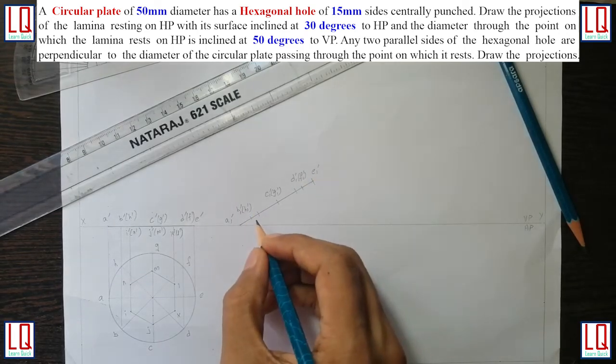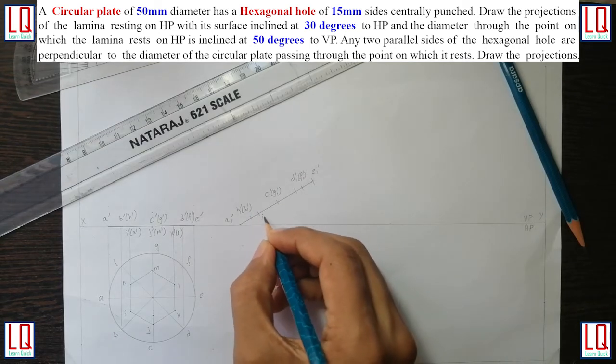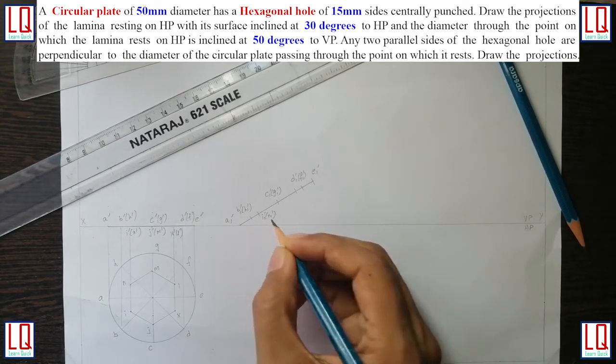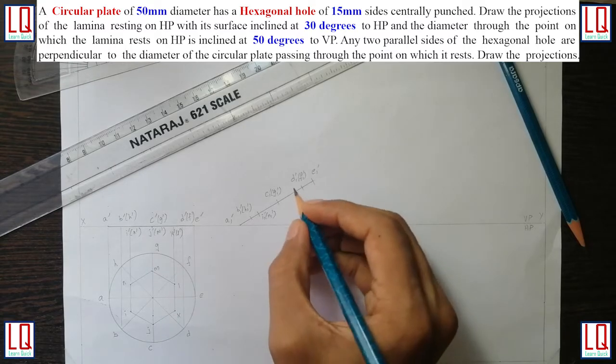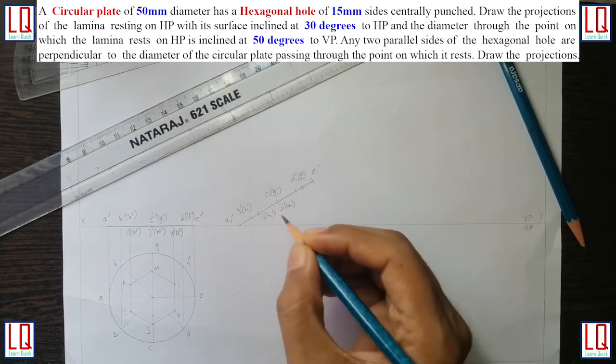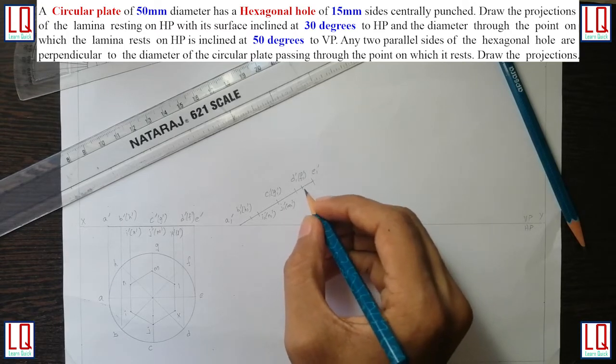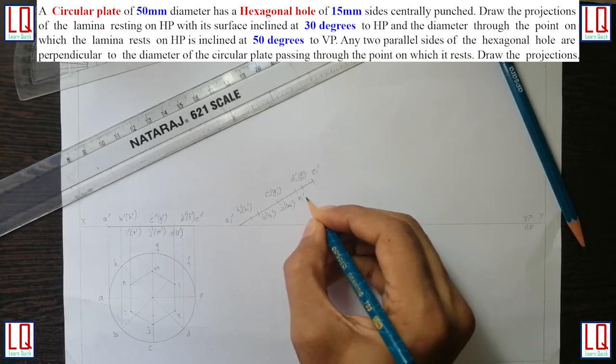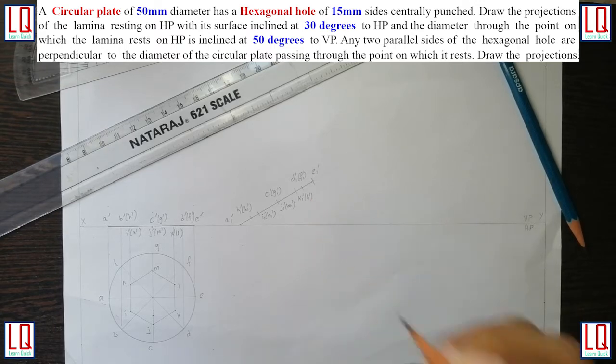So for the hexagon we have here I1 dash bracket N1 dash, J1 dash bracket M1 dash, and then finally K1 dash bracket L1 dash.